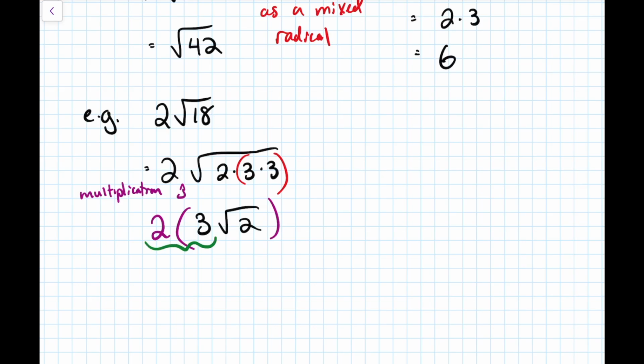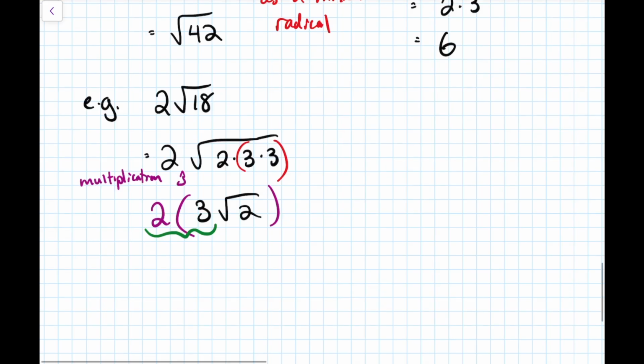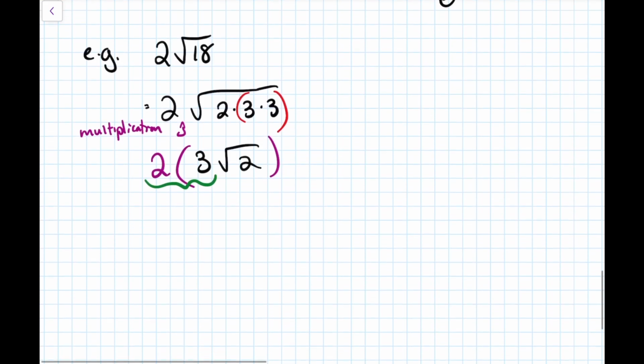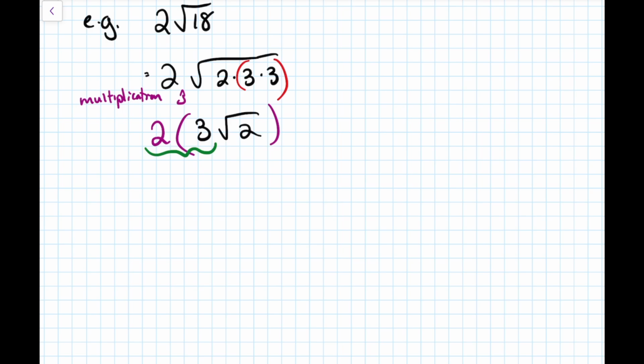So you're going to multiply the 2 and the 3, but it's not foiling or distributing. You're not going to multiply that 2 outside of the root with the 2 inside of the root. You're just multiplying coefficients. So 2 times 3 root 2 becomes 6 root 2. What you've basically done is something like 2 times 5x. Right? 2 times 5x is 10x. It's not 10 2x or anything like that. So you're not distributing that 2 through when you're multiplying. You're just multiplying the coefficients together.